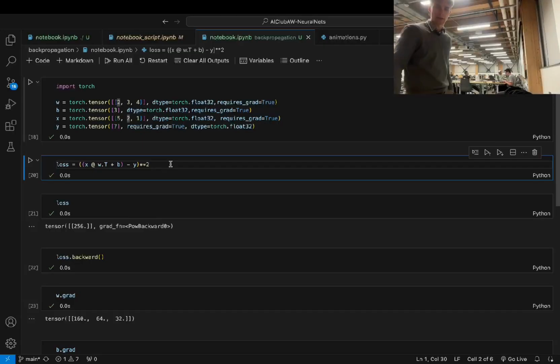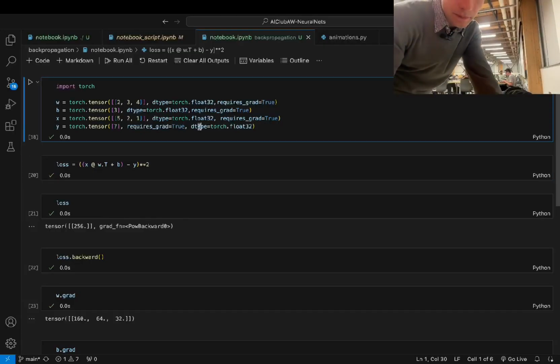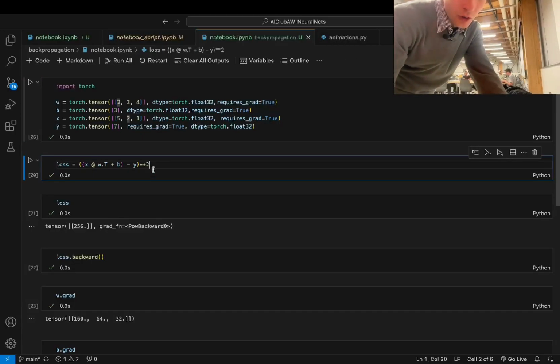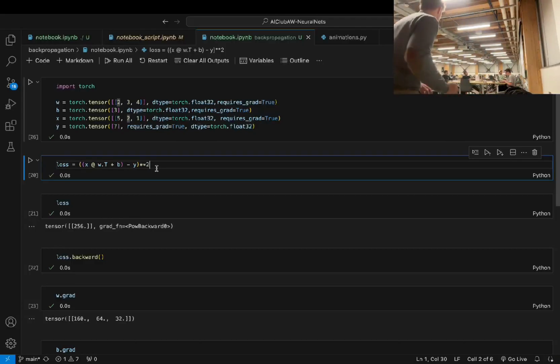The reason we do transpose here is because our X matrix is going to be of the shape 1 by 3. And what is the shape of our W matrix as it's defined? 1 by 3, yes. So it has 1 row and 3 columns.